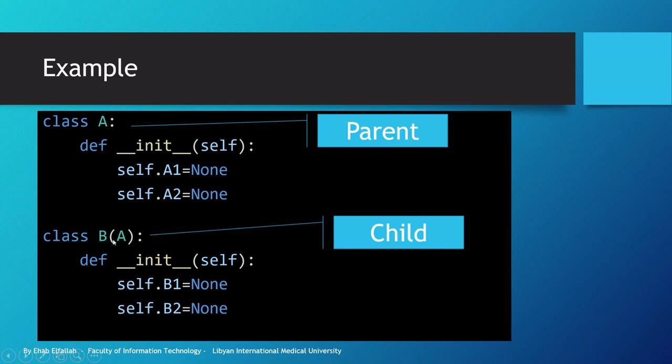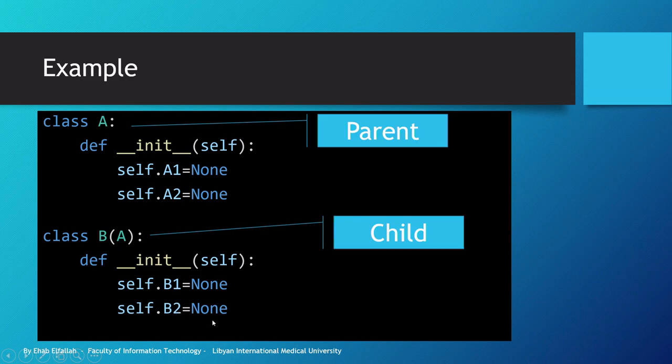We put the name of the class inside the two brackets beside the name in the definition of the class. So here we have class B. Between the two brackets, we write the name of the class that we want to inherit from. And class B extends the work of class A by adding B1 and B2.